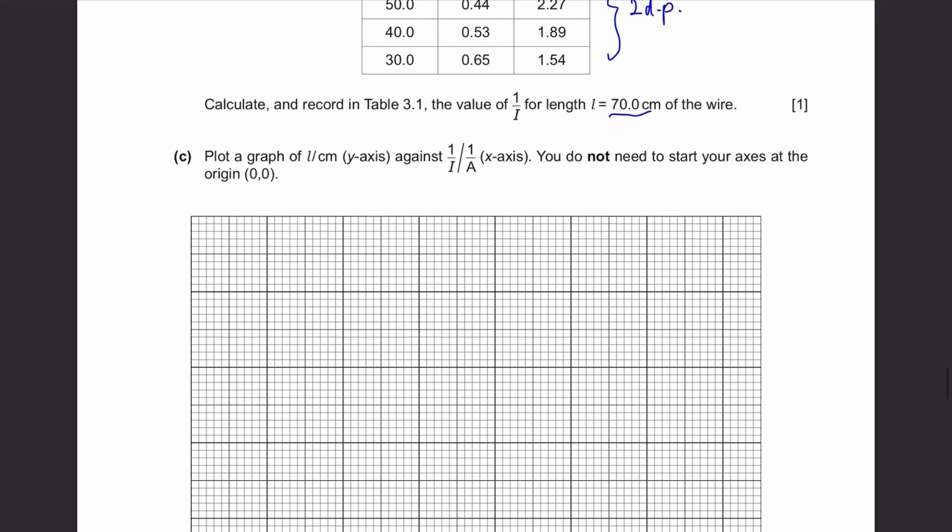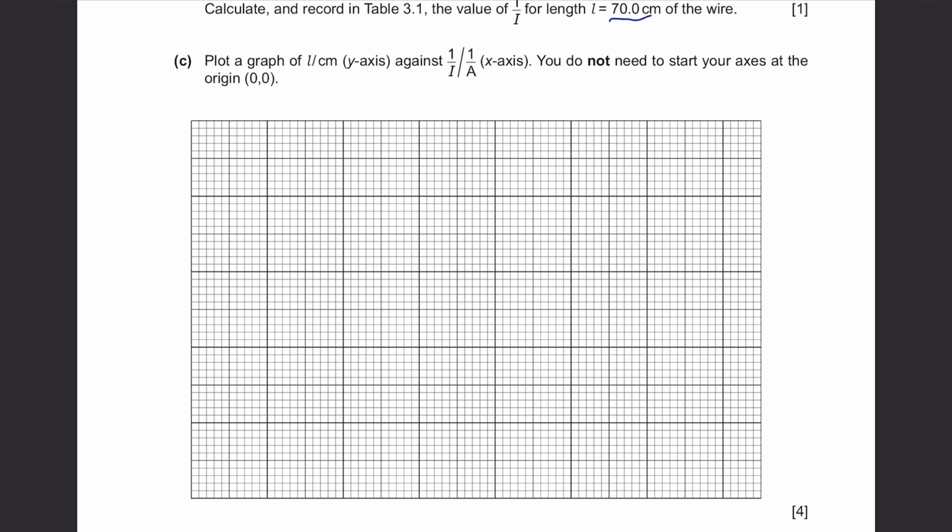Now plot a graph of L against 1 over I. You do not need to start your axis at the origin. Alright, they've told us which value goes to which axis, and yes, we do not need to start at the origin, so you can have your own scale. So let's see which scale would be the most appropriate for us. First, plot the axis.